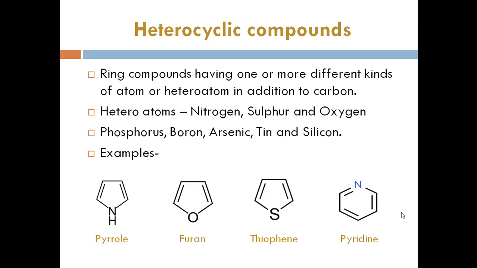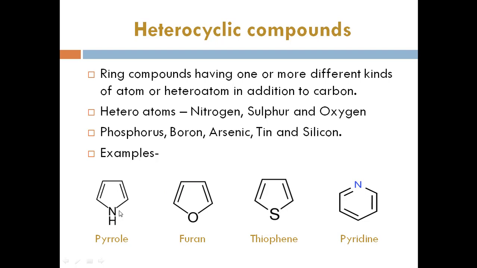Here some examples of heterocyclic compounds are pyrrole, furan, thiophene and pyridine. See, in all structures there is one heteroatom in the ring, right? This corner indicates the presence of a carbon atom, right? This corner indicates the presence of a carbon atom, right? And other than carbon, here one nitrogen atom is present, right?